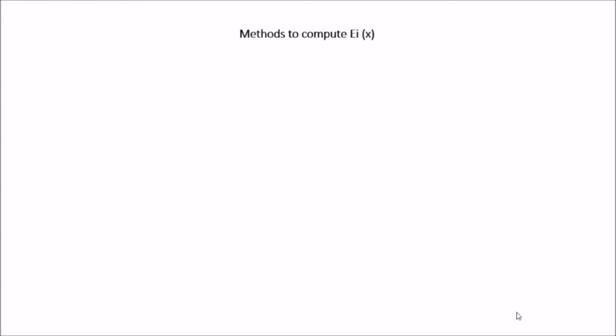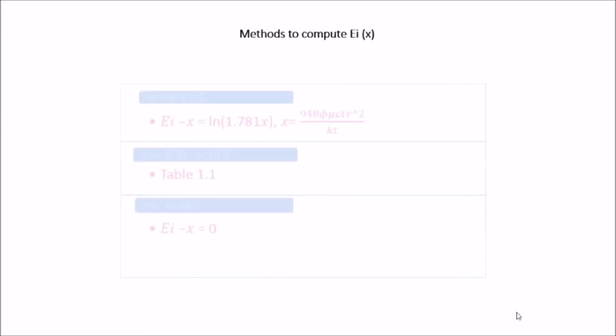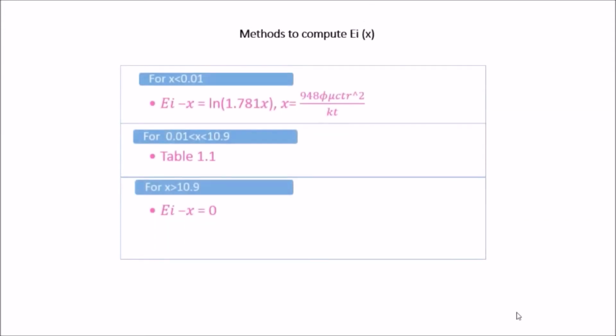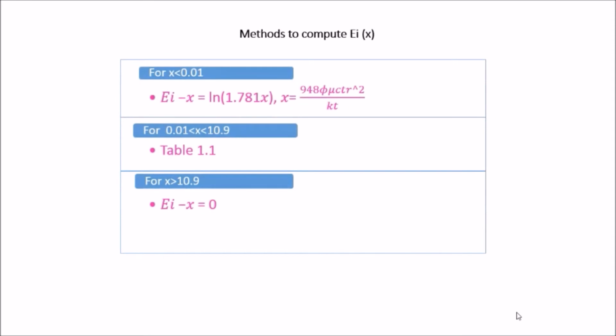So how to calculate the pressure at the specific radius? We have to find the EI first. If you want to find the EI, we can just enter the information into the equation of x, which is equal to 948 times the porosity, the viscosity, the compressibility, radius squared, over the permeability times time. There are three cases.